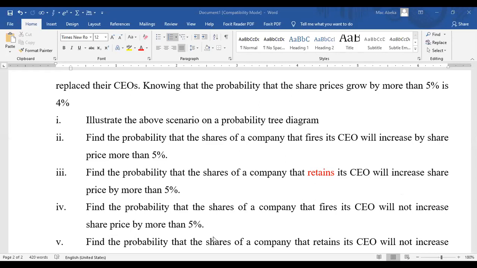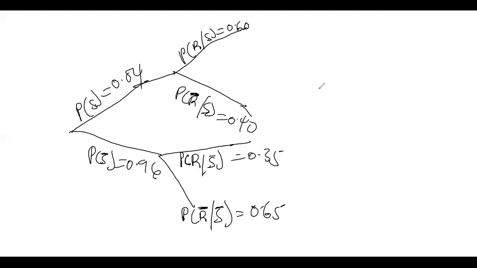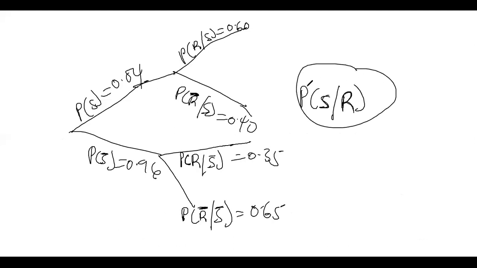So here, we are looking for the probability that they will increase share price based on the fact that they have fired or replaced the CEO, which is essentially the opposite of this. Then we are looking at reverse conditional probability. Then we are concentrating on what we call Bayes theorem, okay?